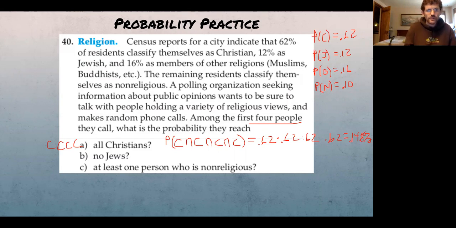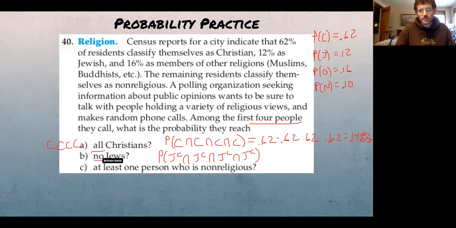14.8%. No Jews. So we had to see the probability that someone is not Jewish. It's probability of not Jewish, and not Jewish, and not Jewish, and not Jewish. So the key thing to look out for here is like the all or nothing. If it's all or nothing, you can approach it in a pretty straightforward way. If it's the at least one, that's where it gets more complicated.